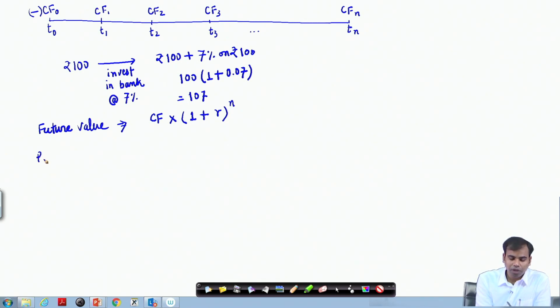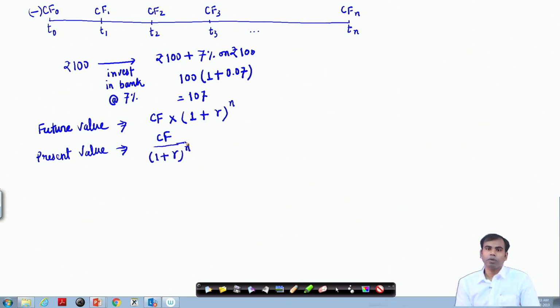Then present value can be shown as a reciprocal of that. So, basically it will be the cash flow that you are generating in future divided by (1 plus r) to the power n, where r is the rate of interest. So, if you have some amount of money in future, that is CF, you can discount it using the rate of interest that is given here and the period for which it has been invested.